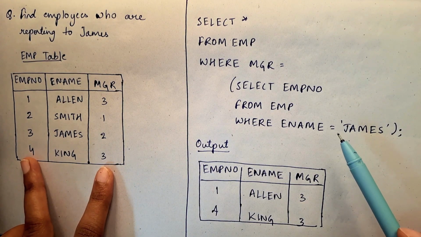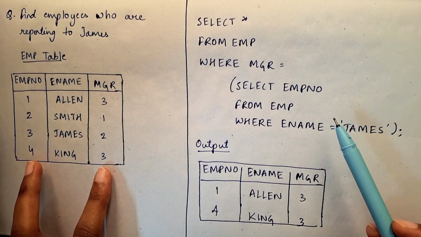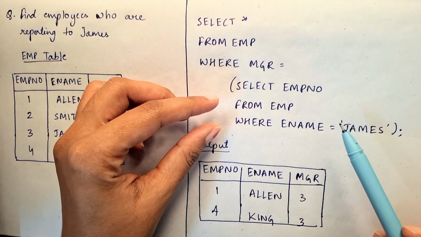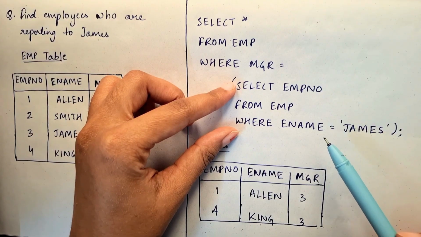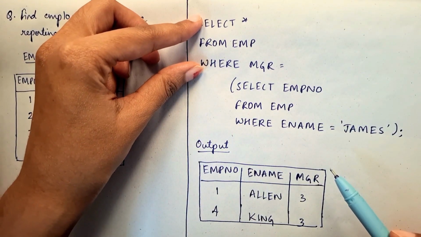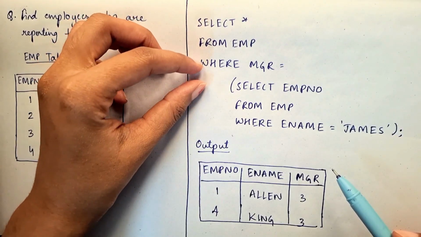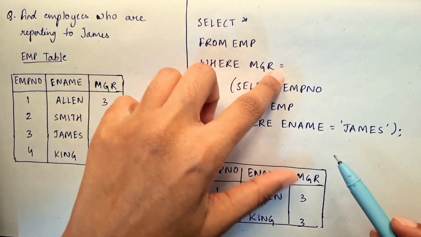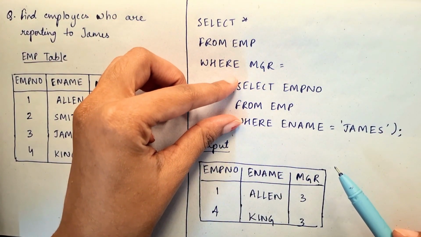But instead of directly writing 3, we use a subquery, which finds the employee number of James. So the outer query will be select asterisk from EMP where MGR is equal to, and here we write the subquery.